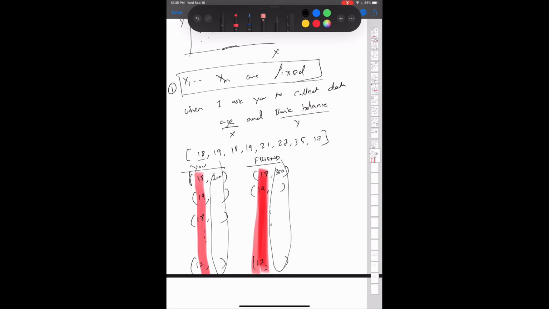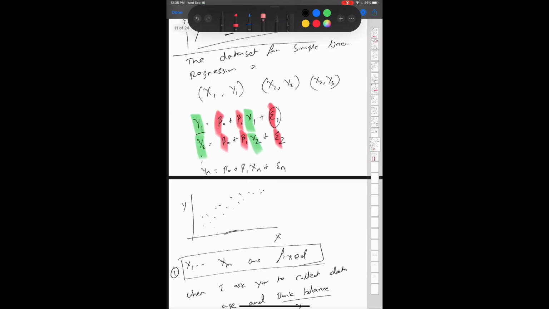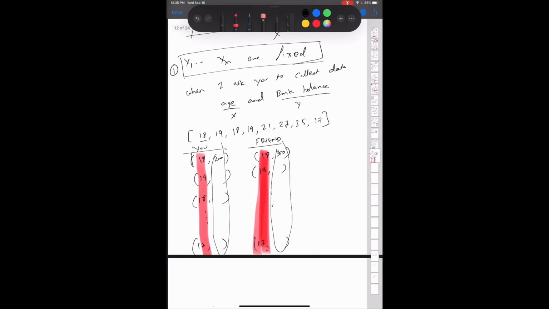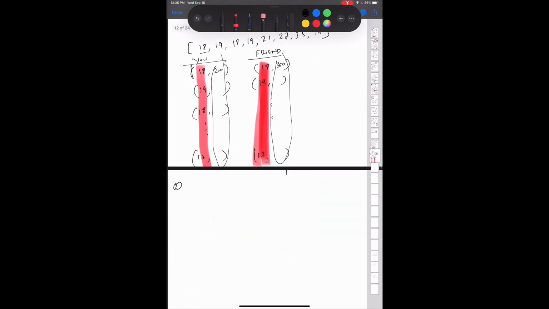Once I have the data set, I will try to understand the relationship between bank balance and age, and the way I will understand that is by figuring out the regression curve, or by figuring out what beta 0 and beta 1 are. So beta 0 and beta 1 are called parameters.